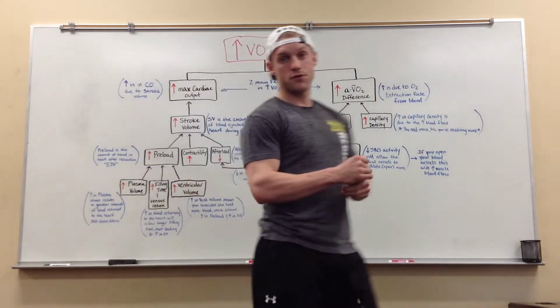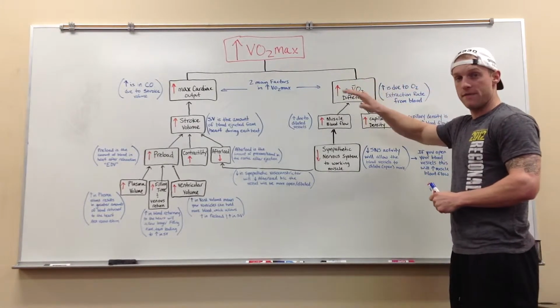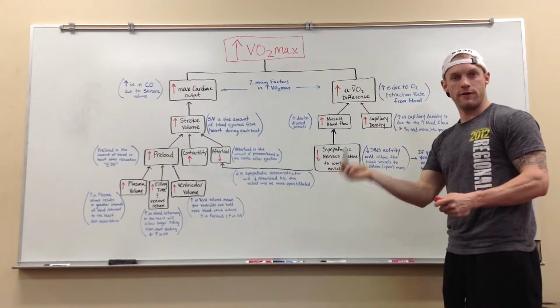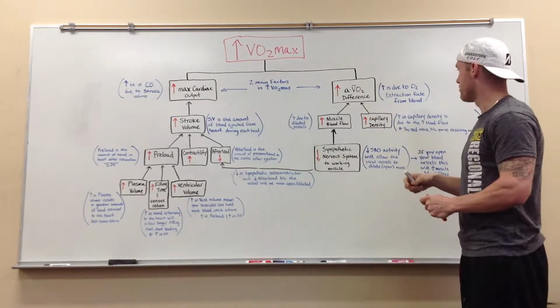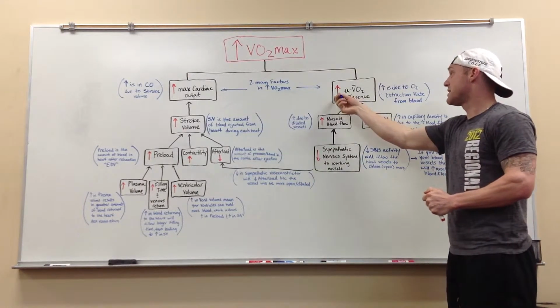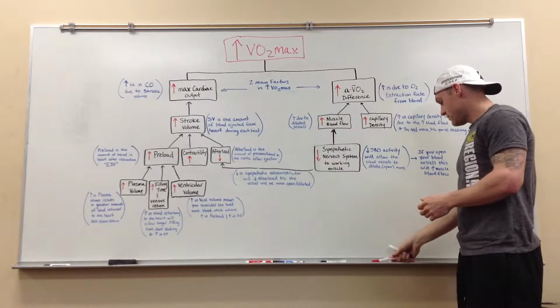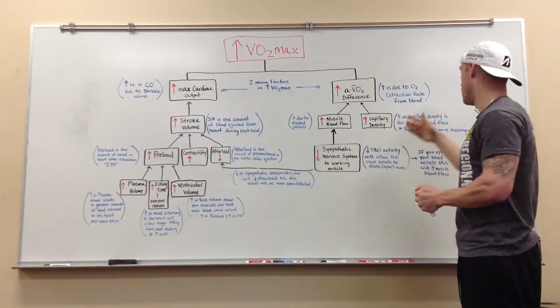So we're coming over to the AVO2 side. Again, AVO2 is pretty much just the difference between the arterial and venous side of oxygen pressure. Can't really remember, but an increase in AVO2 is brought on by the amount of oxygen that is extracted from the blood, okay?